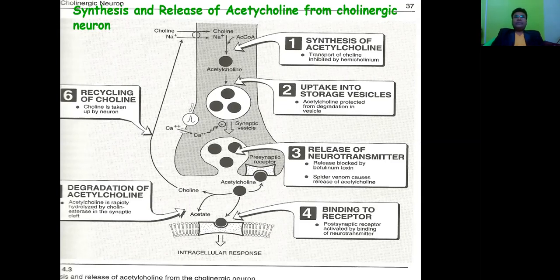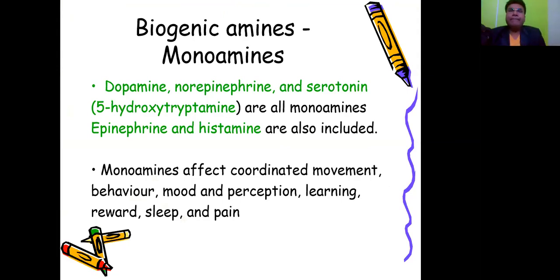Now, coming to the biogenic amines, that is the monoamines. In the monoamines, we have dopamine, noradrenaline or norepinephrine, and serotonin, also called 5-hydroxytryptamine. Epinephrine and histamine are also included in the monoamines.